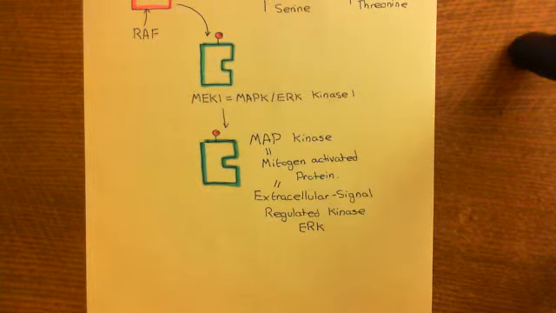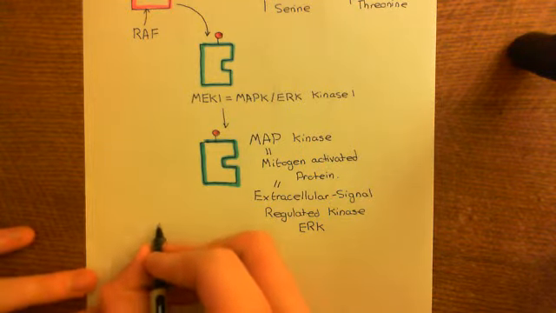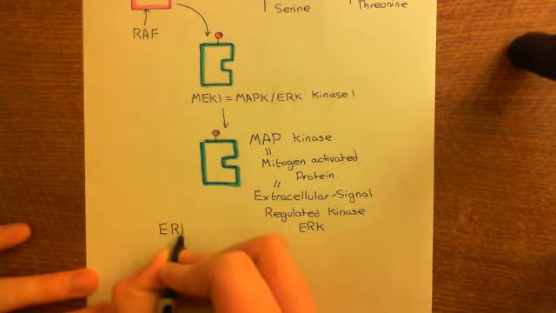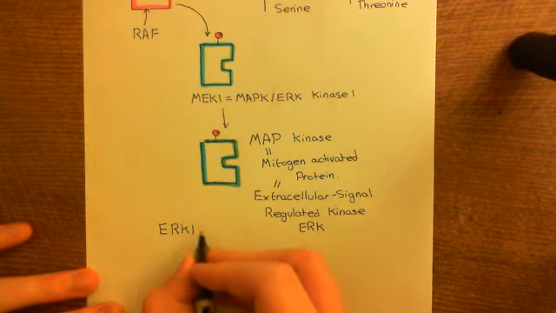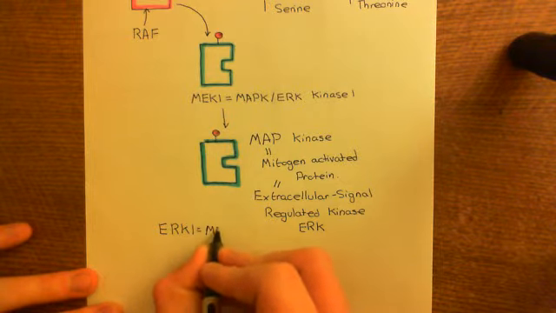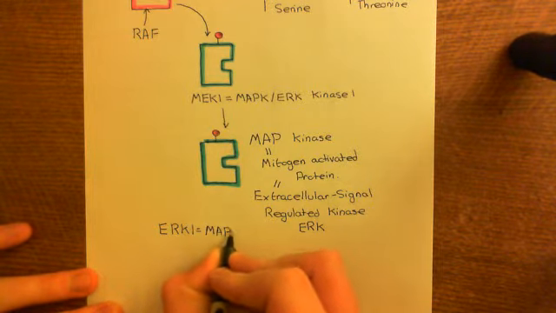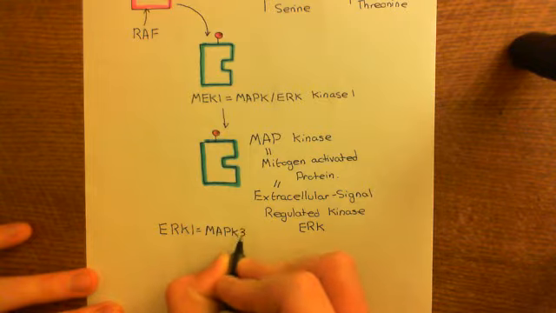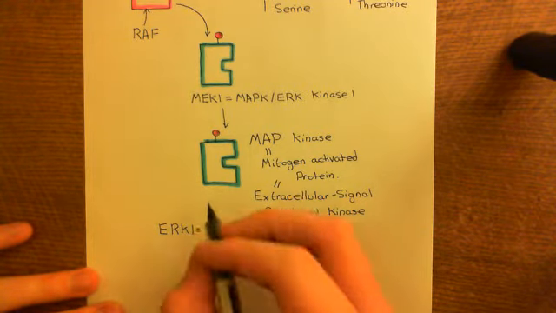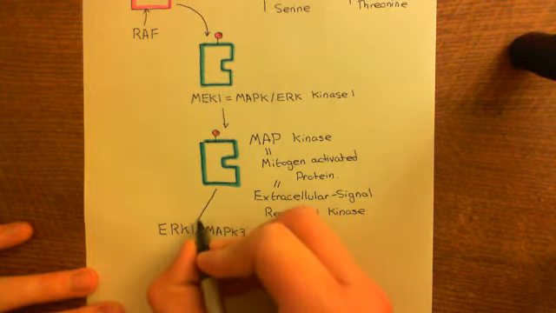Confusingly, they have very different numbers. For instance, the enzyme ERK1, the extracellular signal regulated kinase 1 enzyme, is also called MAP kinase 3, or MAPK3, and this is one of the enzymes that will be activated by MEK1.